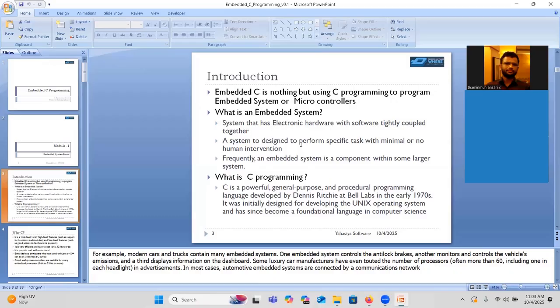Then what is the difference between the C programming that is used in the computer and the C programming that is used in a microcontroller? The C programming that we use in computers has some additional intermediate layer developed.